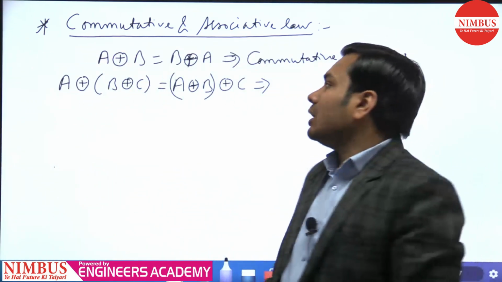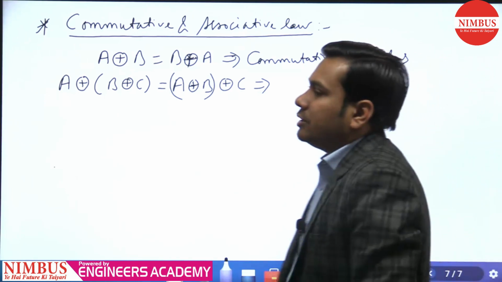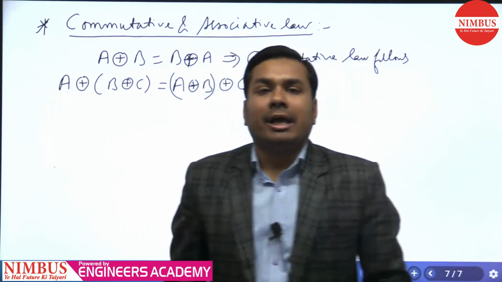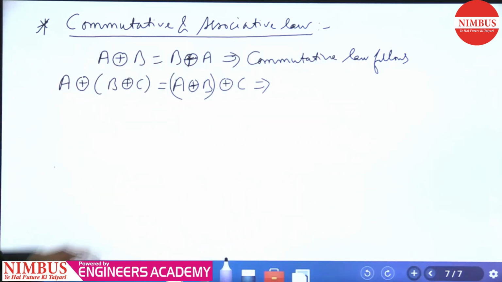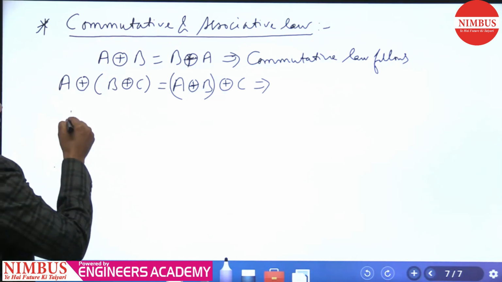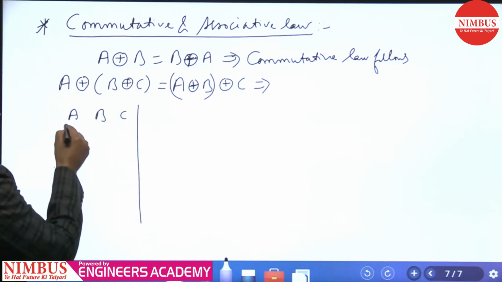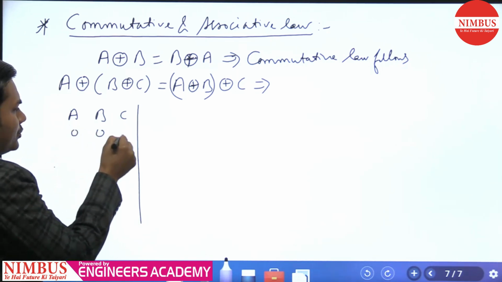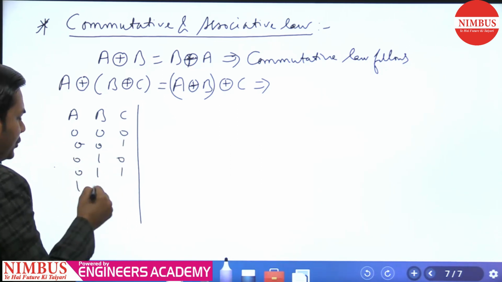If both do not have the same expression, that means the associative law does not follow for the XOR gate. So here we have to check whether both expressions are the same or not, right? We are having A, B, C, the three inputs, that is 0 0 0, 0 0 1. Total we have 8 combinations.